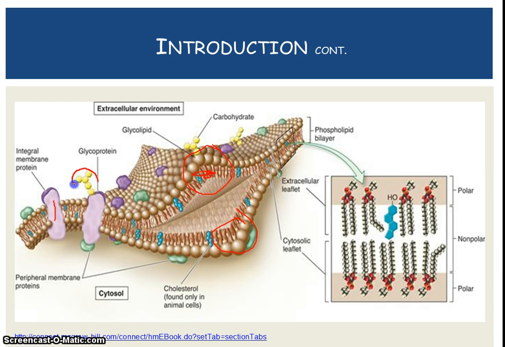Here you can see a carbohydrate marker. There's cholesterol here, which is another main part of the phospholipid bilayer. Another carbohydrate here, and these are the phospholipids again.